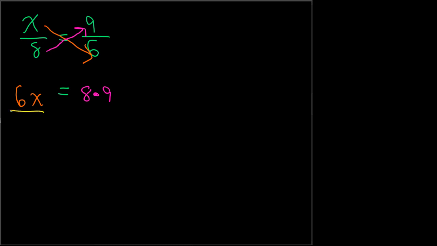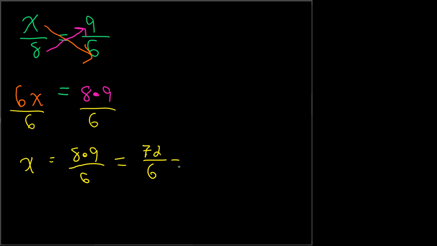And I will divide both sides by 6 so that I get x is equal to 8 times 9 divided by 6, which my calculator will nicely give me. That's 72 divided by 6, which is 12. And so cross multiplication gets us out of our ditch there.